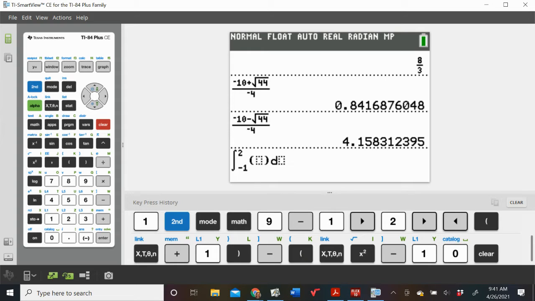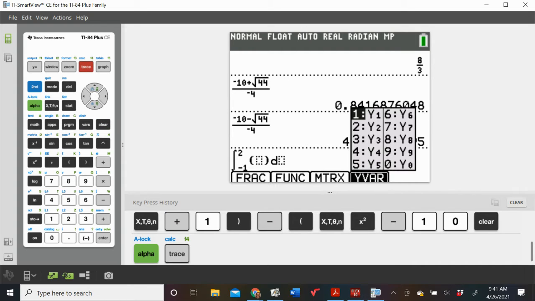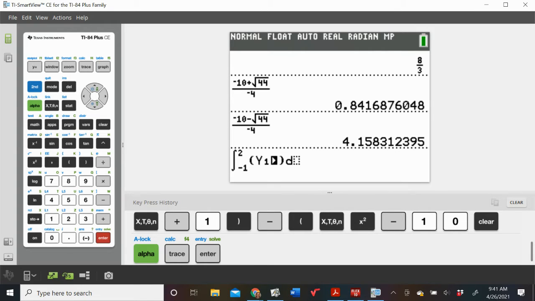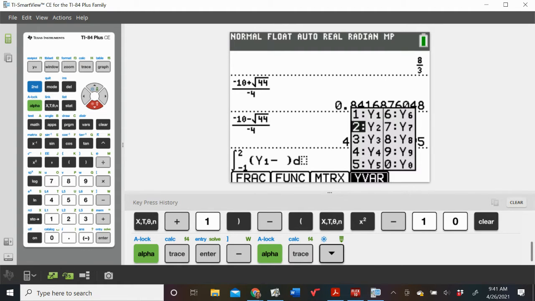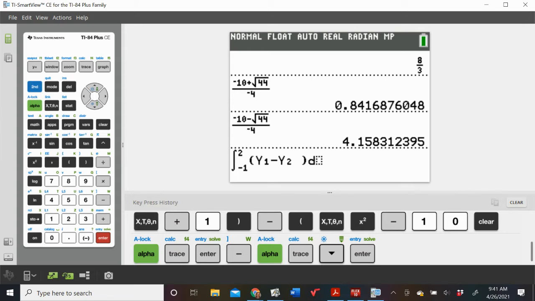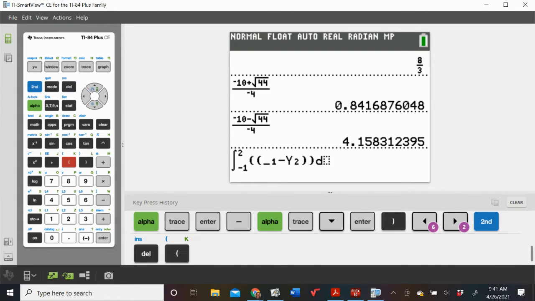Alpha trace y1. I do need some parentheses, but y1 minus y2. Okay. I need some parentheses there. Insert parenthesis.